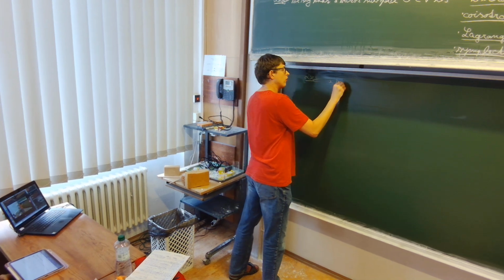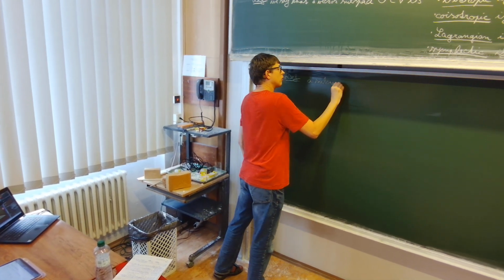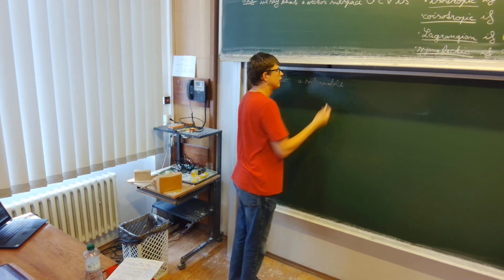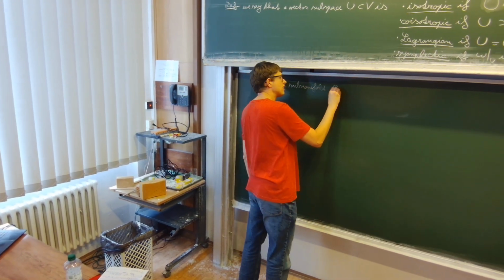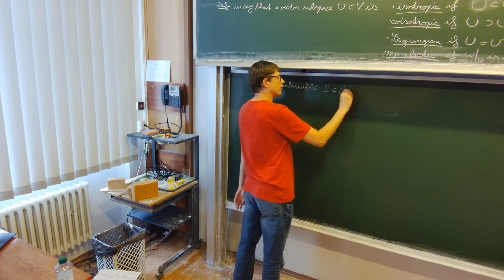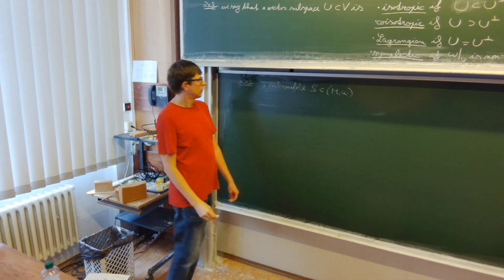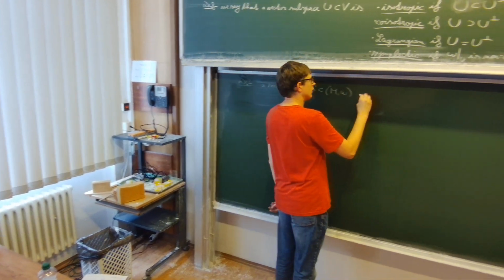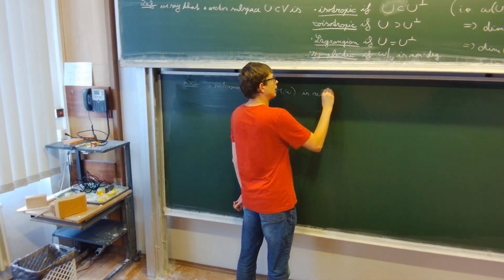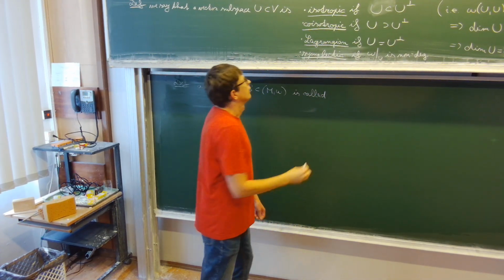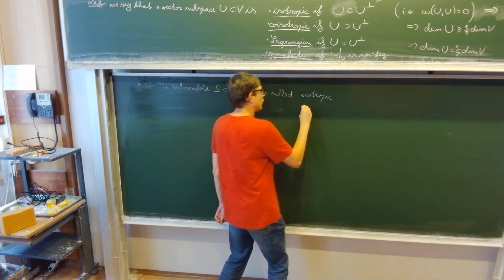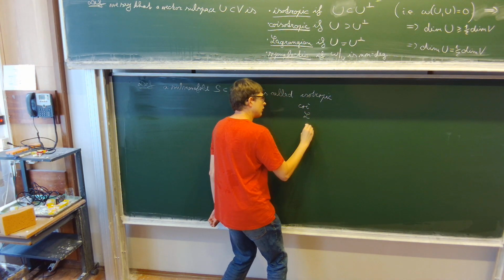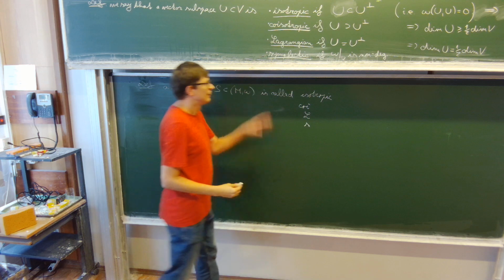Say a submanifold, and now we need a good name for a submanifold, say S, S as submanifold, all inside a symplectic manifold, is called, and now either of these four things, isotropic, or co-isotropic, or Lagrangian, or symplectic, any of the four things.